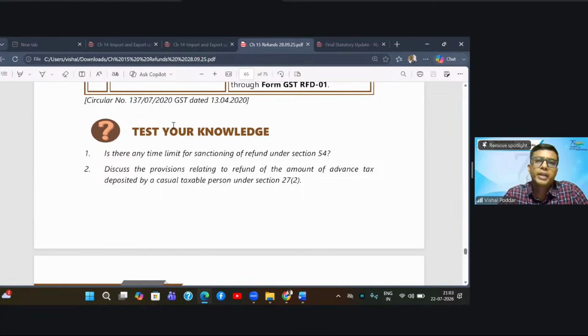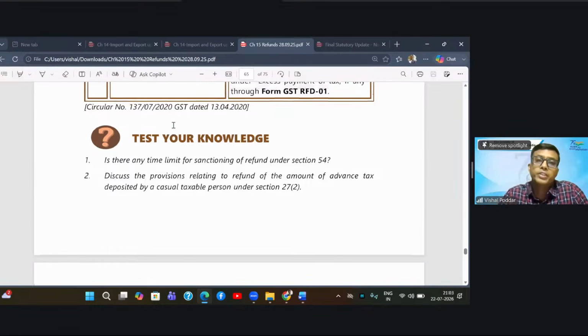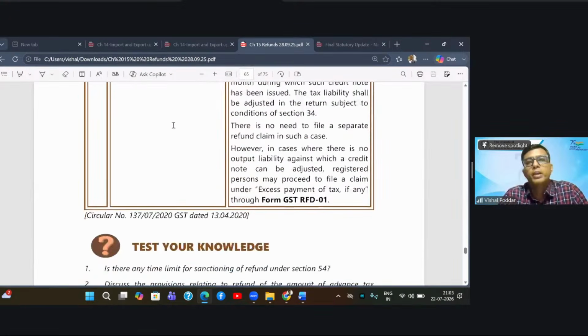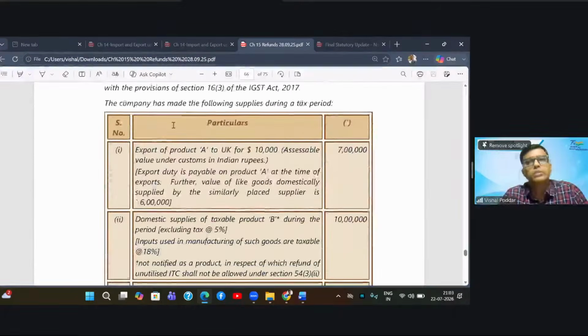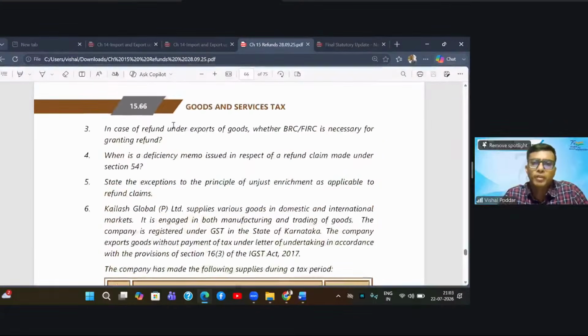After being satisfied as per the provisions of the IGST Act, the tourist will be entitled to claim the refund. So students, this is all about this chapter of refund.